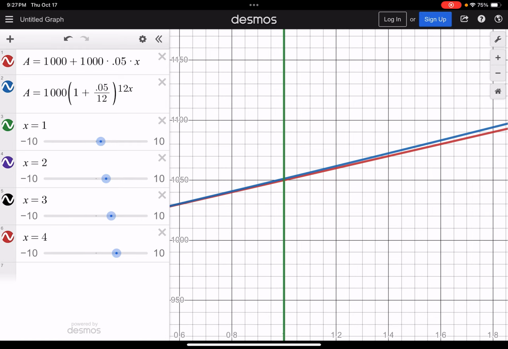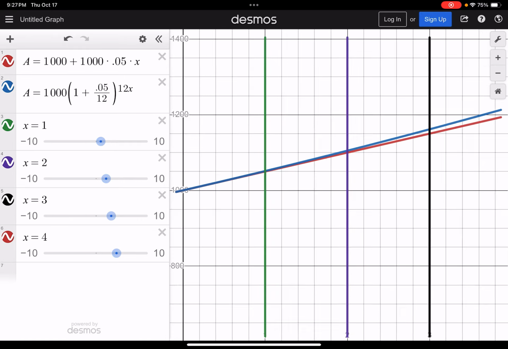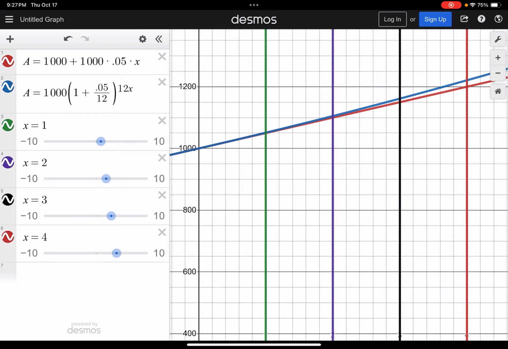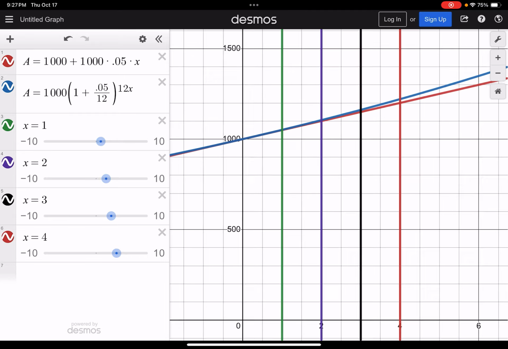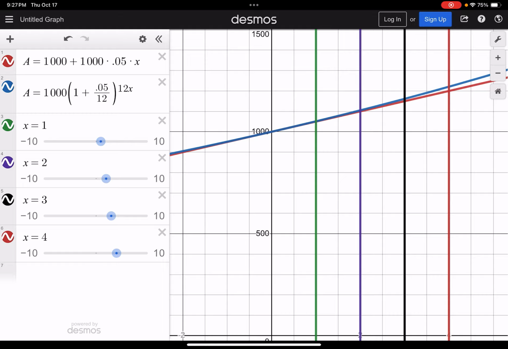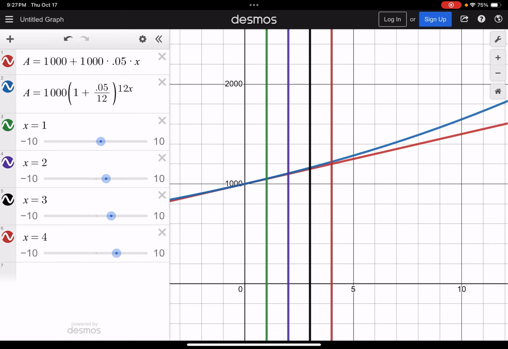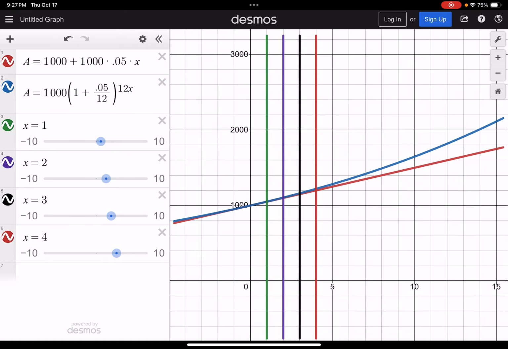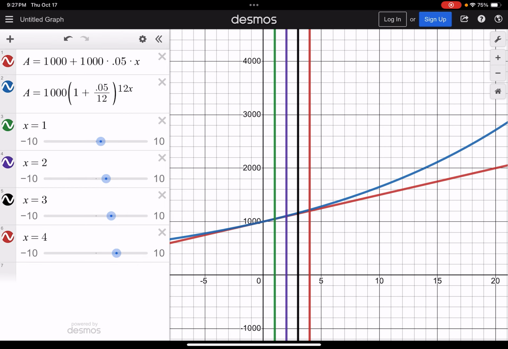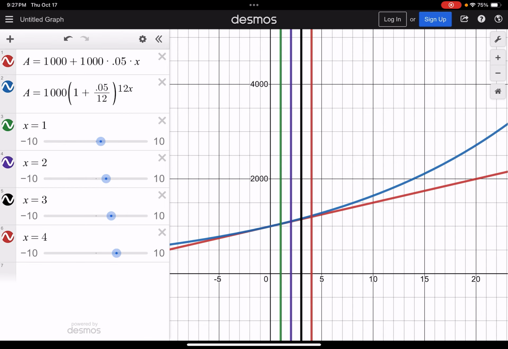Now, what I do want to point out is the shape of my graph. This is pretty much as far as we got yesterday. This red vertical line is as far as we graphed. But I do want to extend the graph and notice that as time goes on, look how much faster that blue line starts to just skyrocket up.